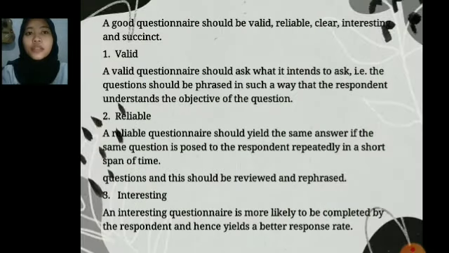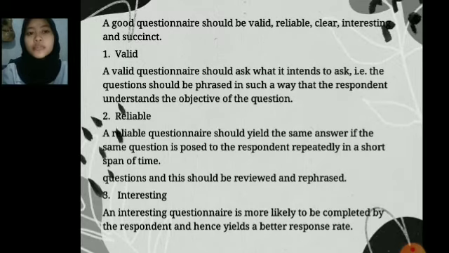Next, a good questionnaire should be valid, reliable, clear, interesting, and succinct. Valid. A valid questionnaire should ask what it intends to ask, so the questions should be phrased in such a way that the respondent understands the objective of the questions. And then number two, reliable.